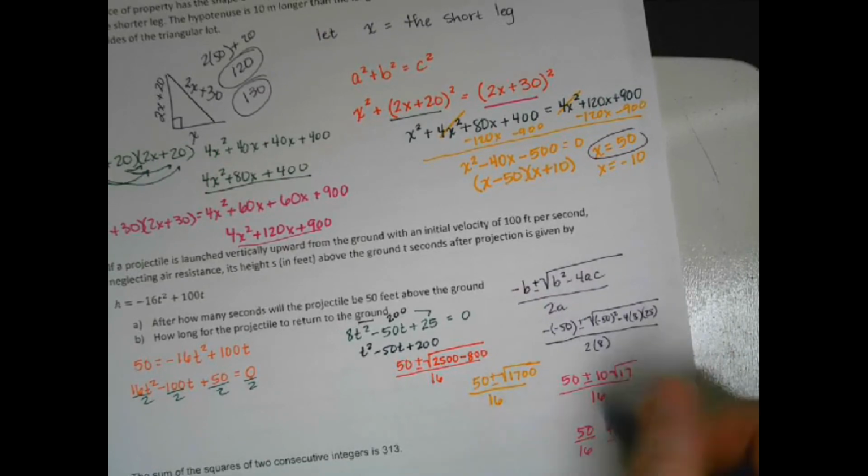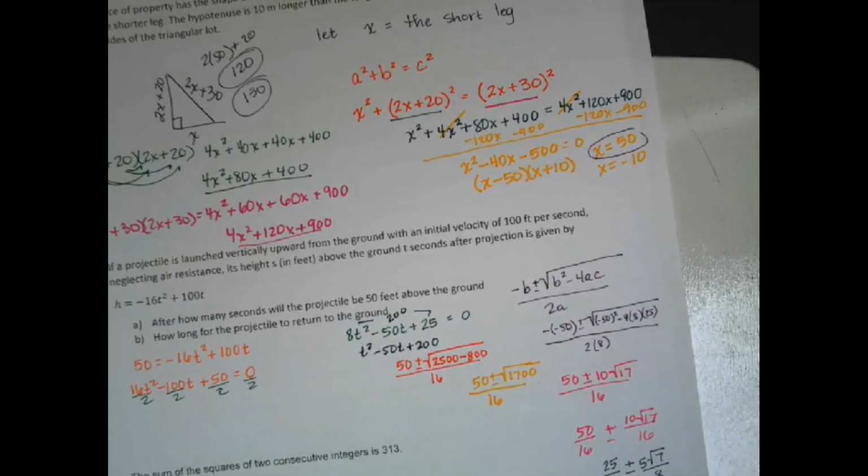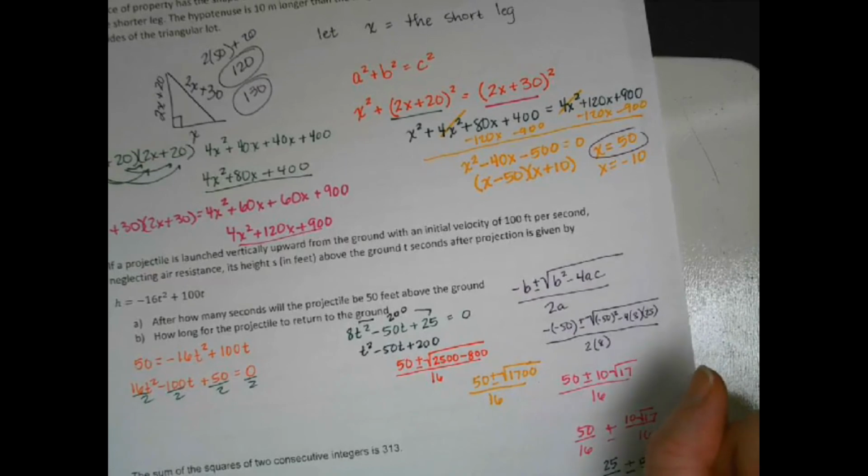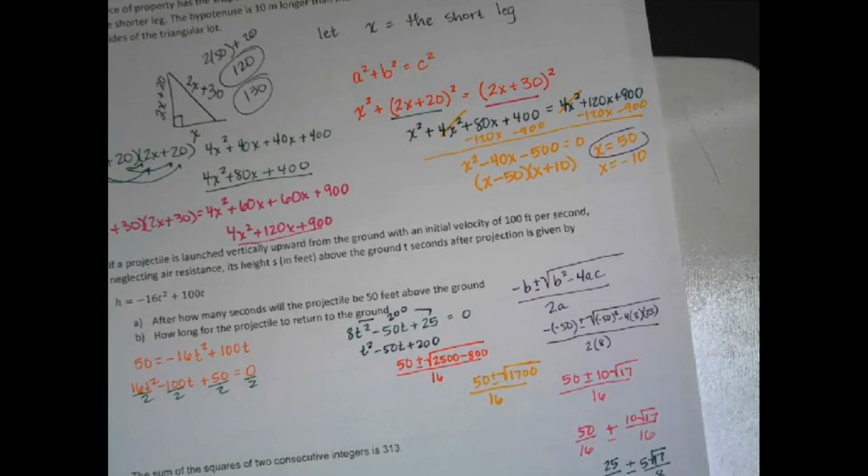So that becomes 25 over 8 plus or minus 5 square root 17 over 8. Sometimes I can't read my own writing. Oh, don't worry. B is much easier.